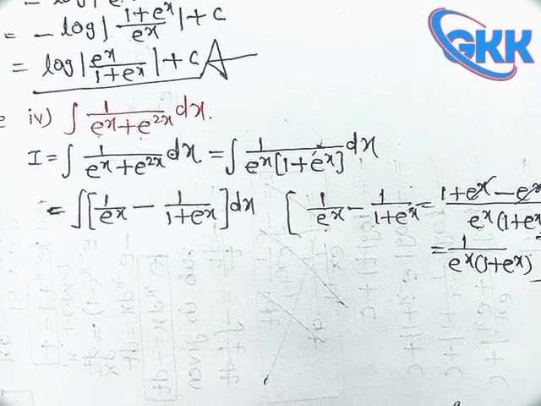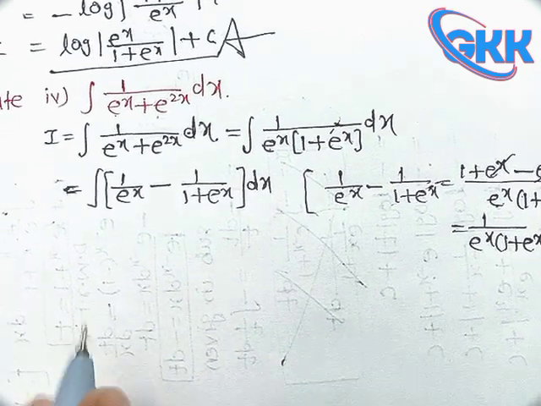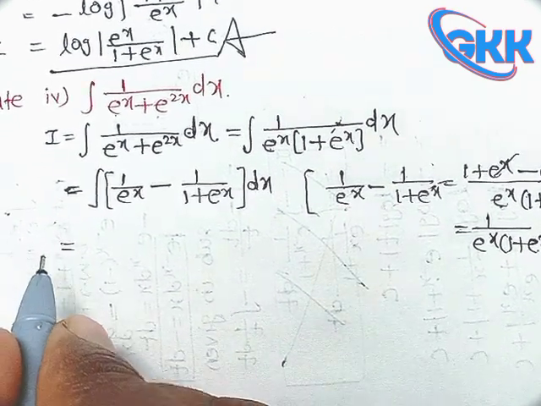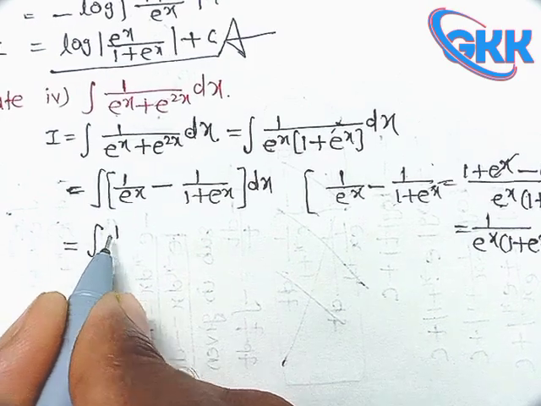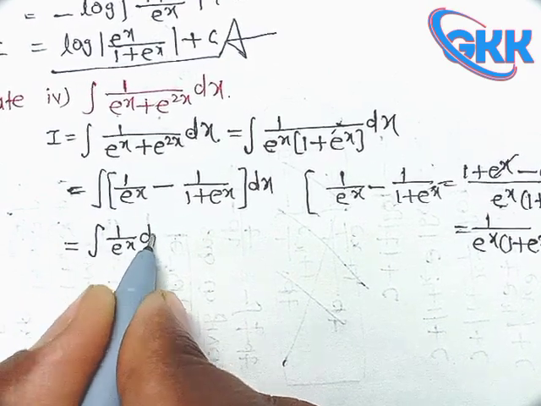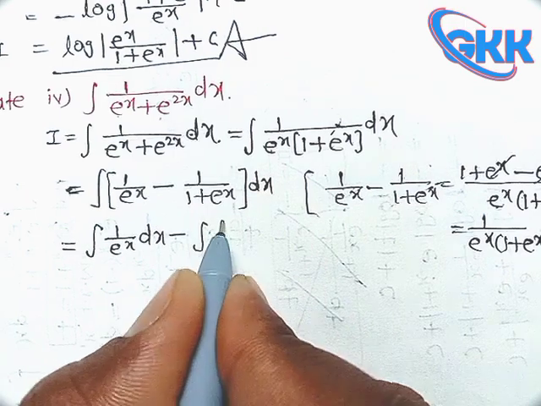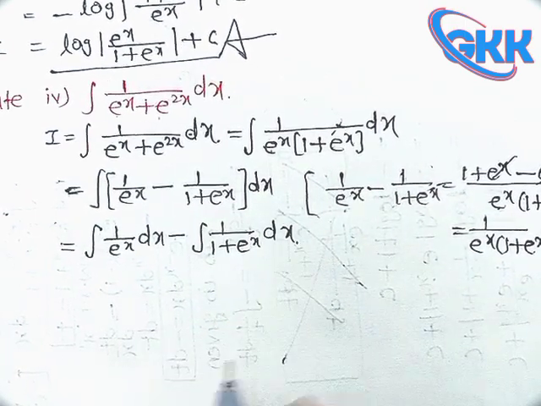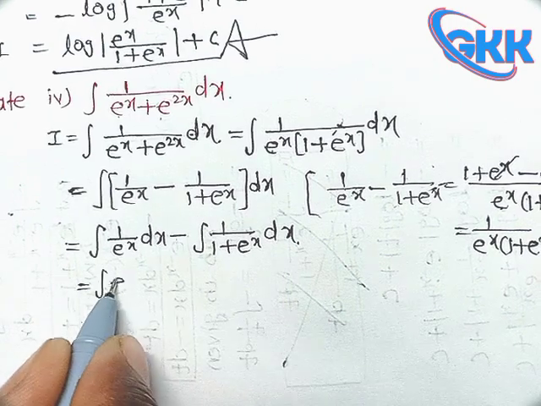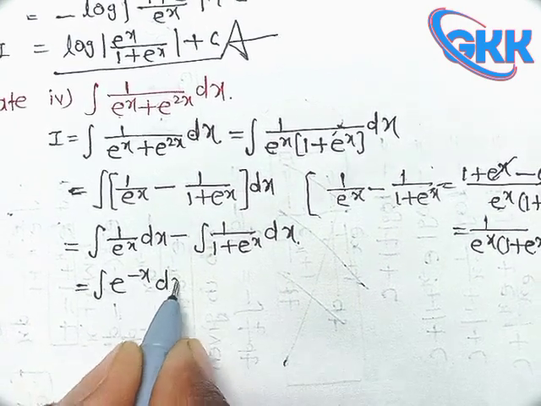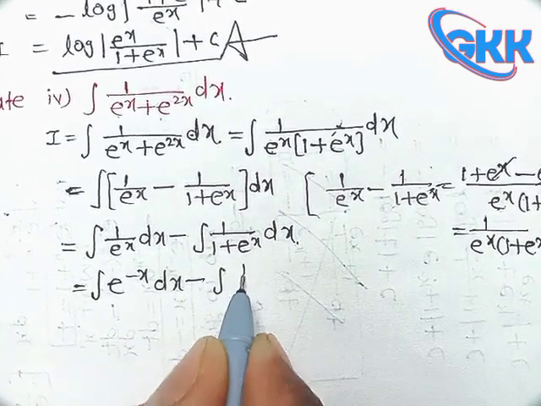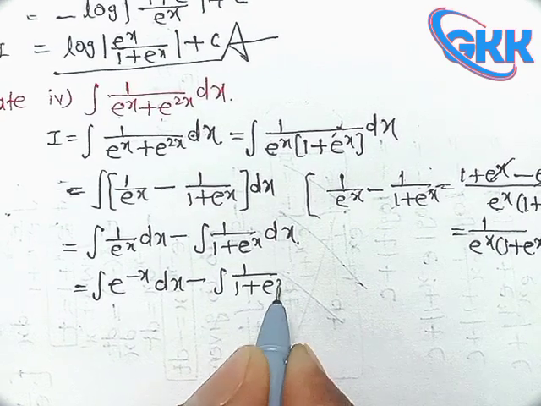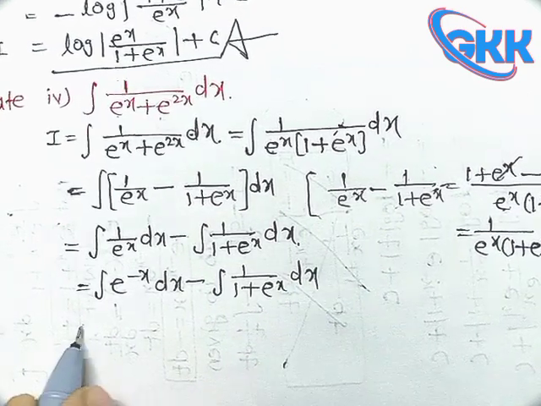Now come to this. Here apply separate integration. Integral of 1 upon e power x dx, integral of 1 upon 1 plus e power x dx. Clear, sir? Now it can be written as integral of e power minus x dx, integral of 1 upon 1 plus e power x dx. Clear?